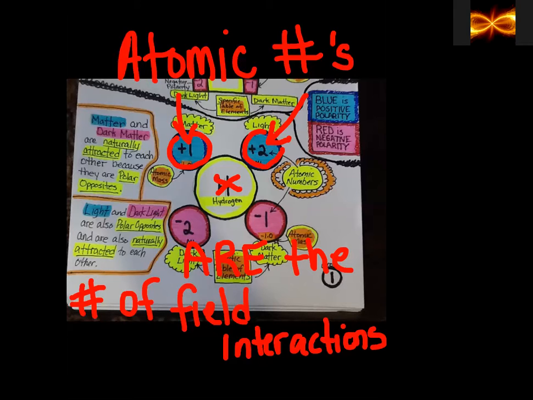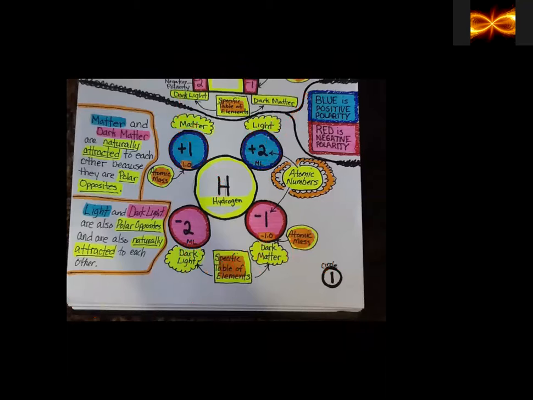For oxygen, it takes 9 field interactions of light in order to create the element of oxygen or contain it. So that's what we're working with here, guys. I hope that helps with a little bit clearer understanding of what we get to work with.